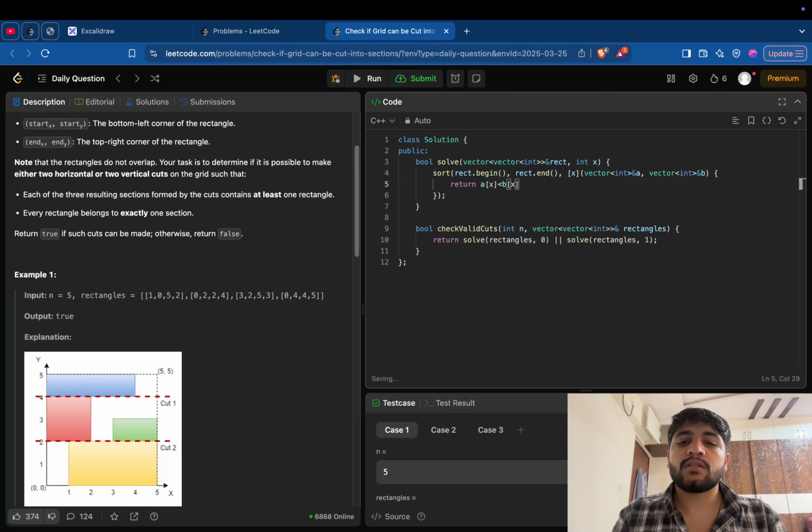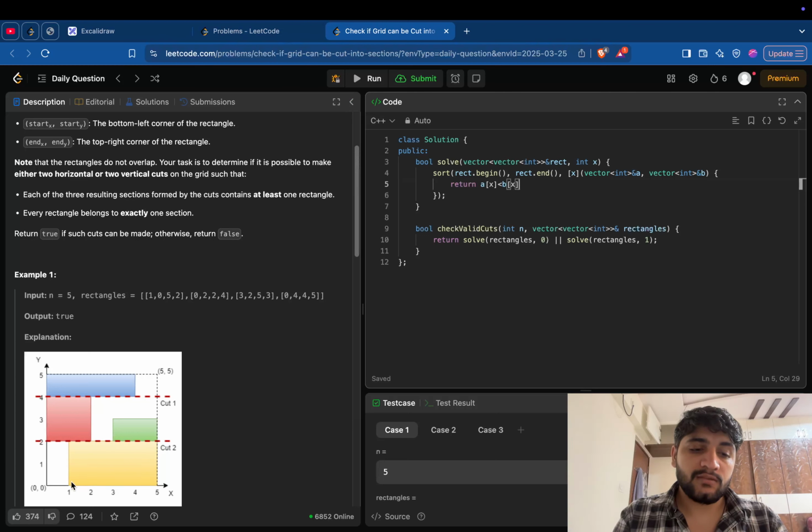This will sort this array on the basis of the xth element. So if it's the x-axis, it will be sorted on the basis of start x, and if it is the y-axis, then it will be sorted on the basis of start y.